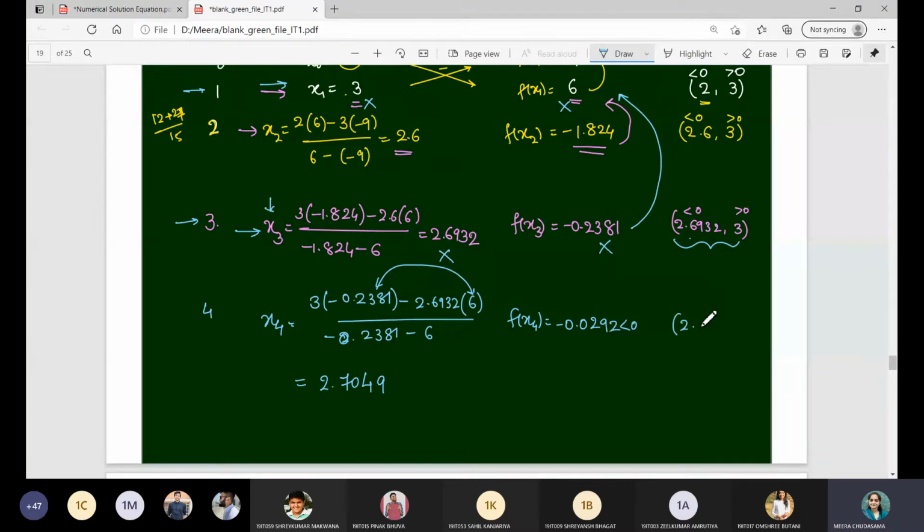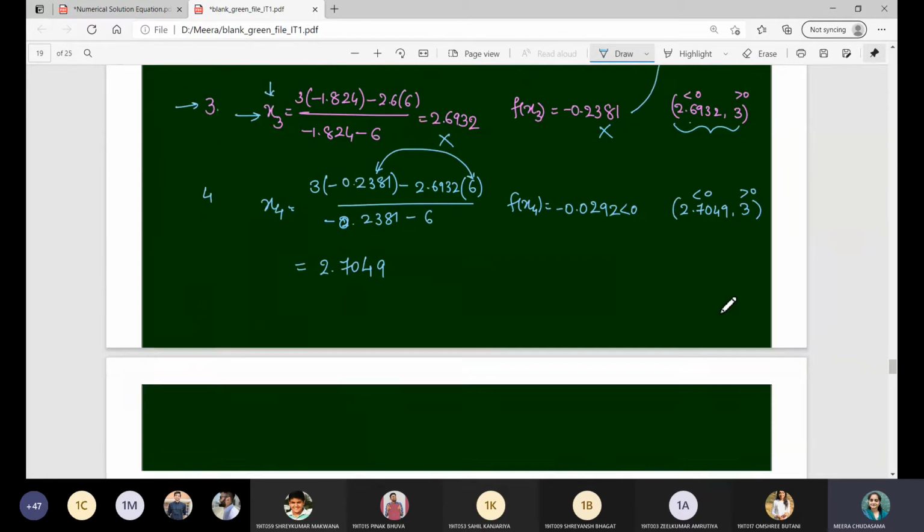So here 2.6932 will be replaced by 2.7049 and 3 will remain the same, right? Because it has the positive function value.